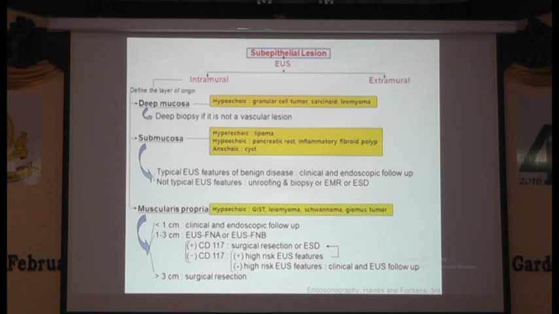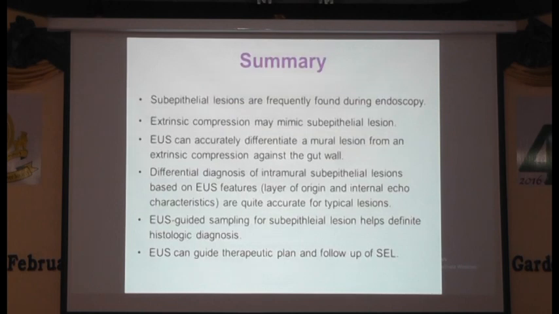If it is negative for CD117 but has high risk features like calcification, anechoic area, and irregular margins, we can try to remove it, but if it does not have any high risk EUS features, we can follow it up. If the lesion is more than 3 cm, we recommend surgical resection.